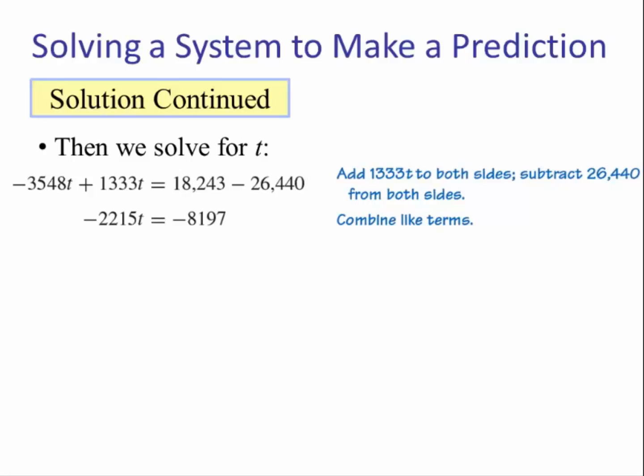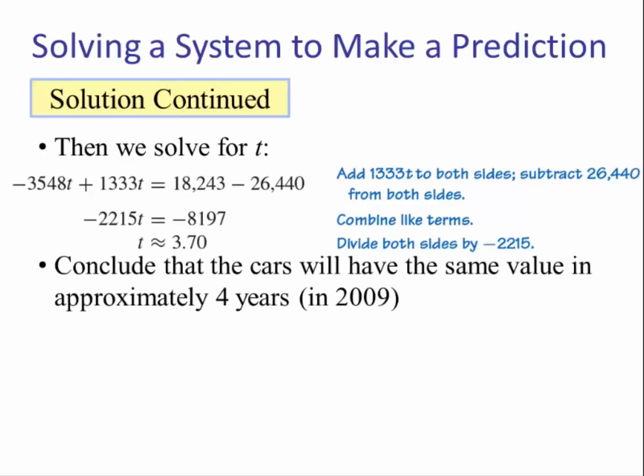Combining like terms gives us the equation negative 2,215t equals negative 8,197. Dividing by negative 2,215, we have T is approximately equal to 3.70. So we conclude that the cars will have the same value in about 3.7, or rounded off, approximately 4 years from 2005, which would be 2009.